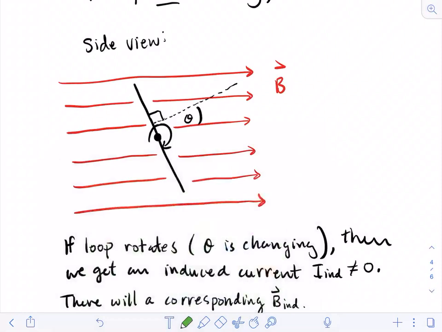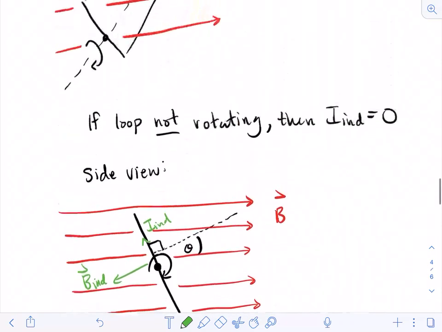That would induce a current that would make a B induced that opposes the external B, which points to the right, and so our induced B has a component that goes to the left. So if this is the wire, the edge of the wire that's closest to us, then I induced would be moving up the wire in that case and then looping around.